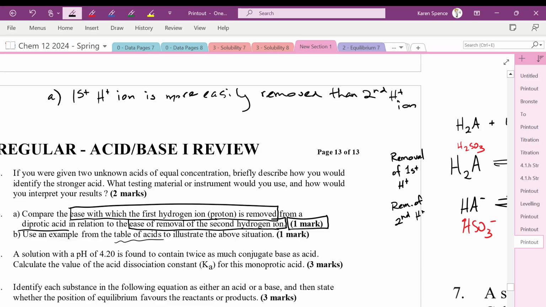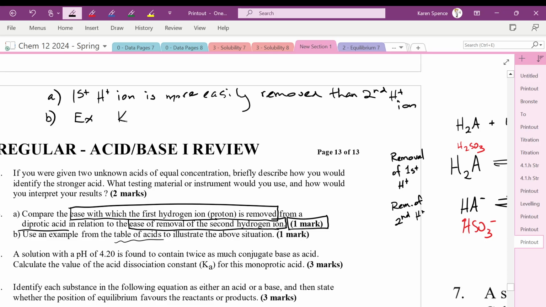So that's part A. Part B is also only worth 1 mark. You don't want to spend a lot of time writing about that, or go into huge explanations about what a large Ka value means and what a small Ka value means. In B, they want an example.